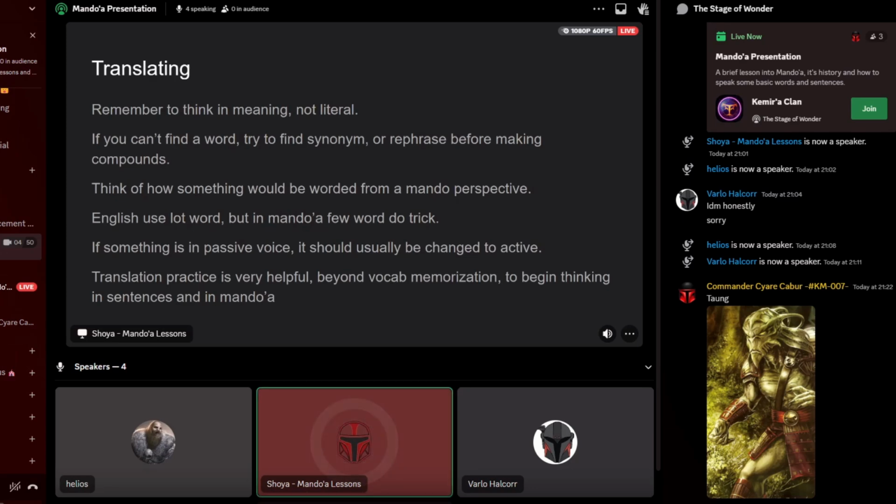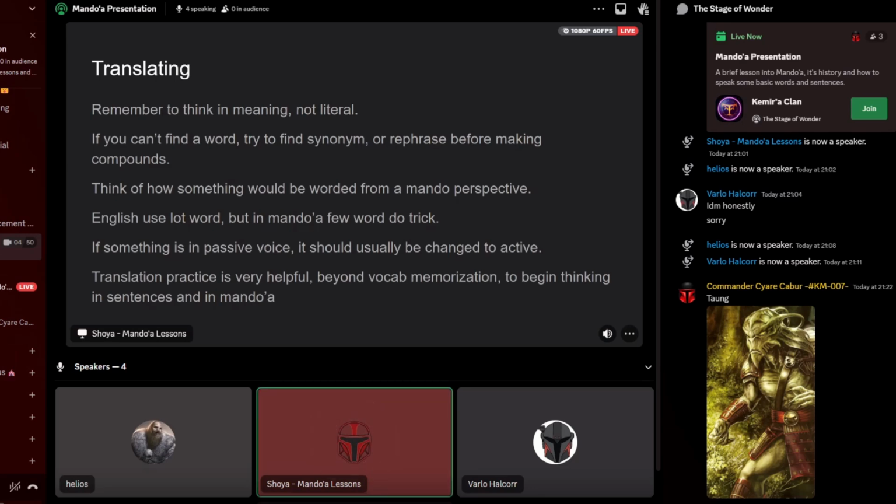If you have something that's passive and you don't know who the doer of the verb is, then you can use ashnar as a stand-in, as a someone has done this, and then you can make the rest of the sentence active. So like someone has broken the armor, ashnar shuku beskargam.